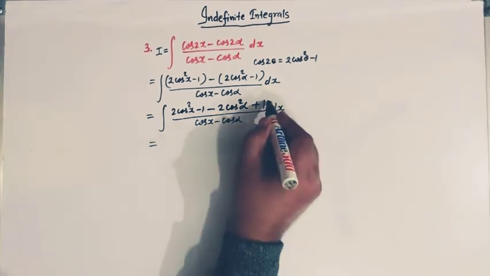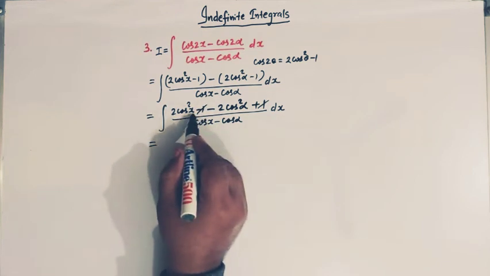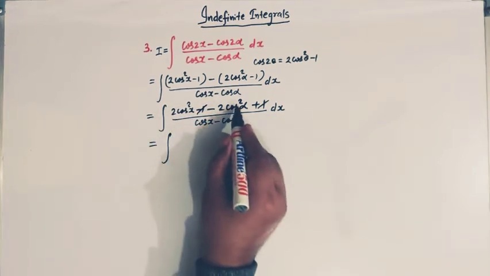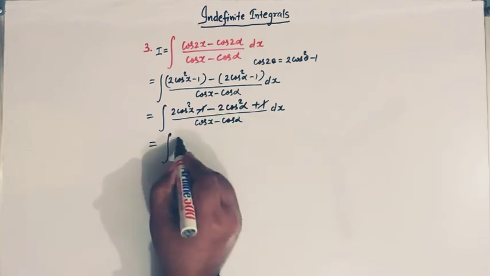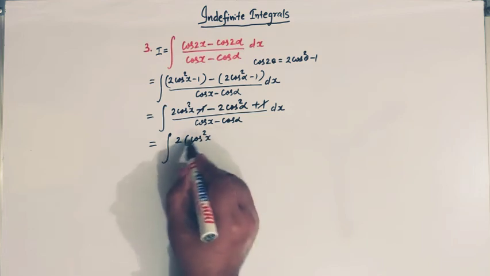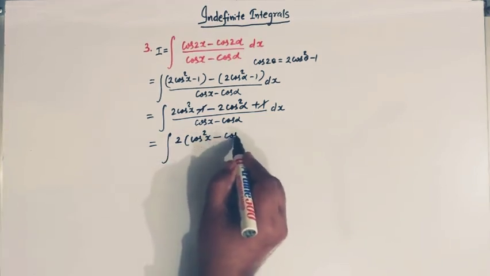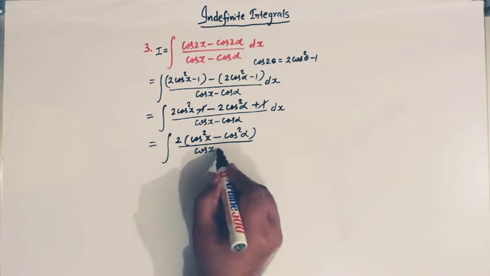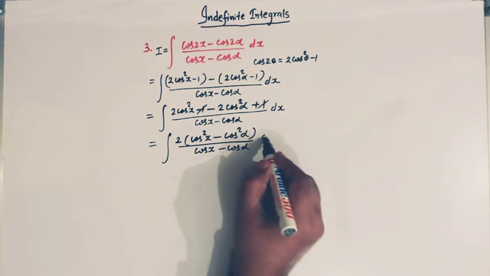Now this 1 and this minus 1 get cancelled, and we are left with 2 cos square x minus 2 cos square alpha, and taking 2 common we have 2 times cos square x minus cos square alpha divided by cos x minus cos alpha, right.